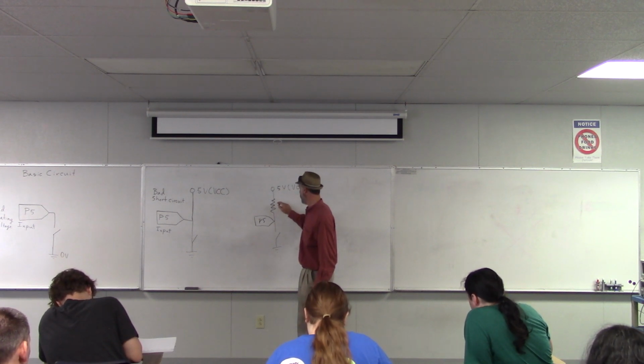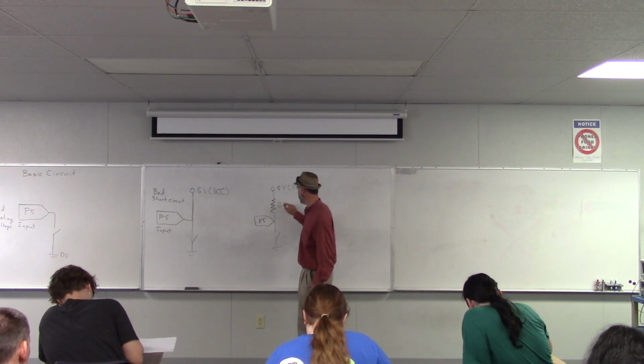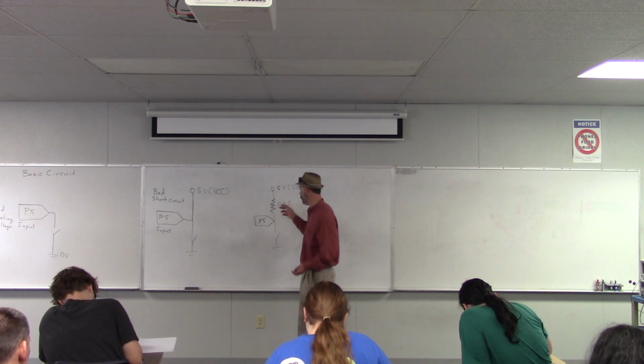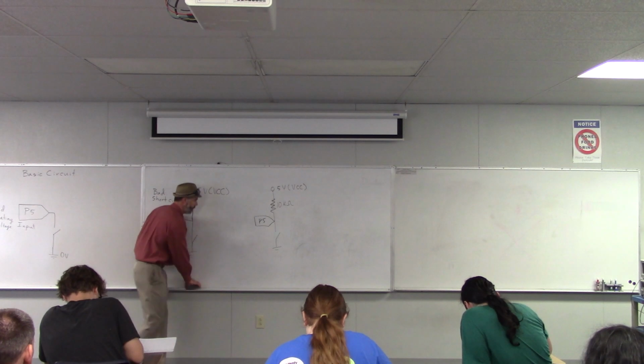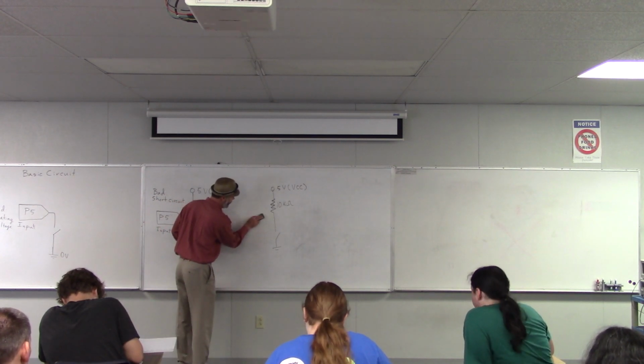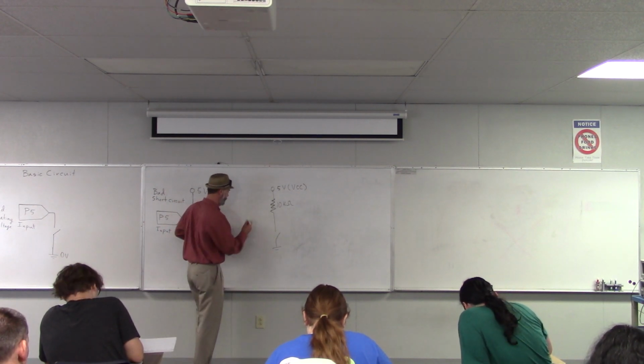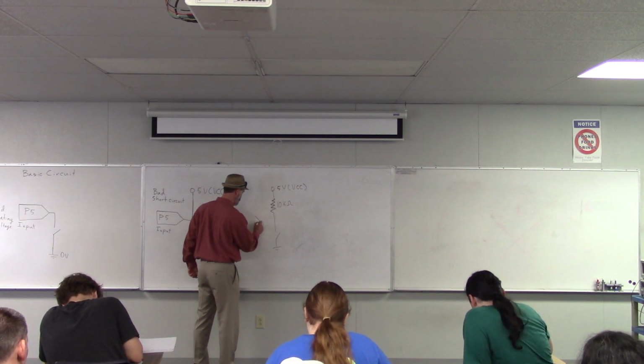The value of this resistor is usually about 10 kiloohms when resistors are used in this way. Getting closer here.